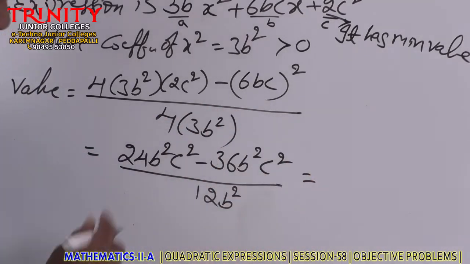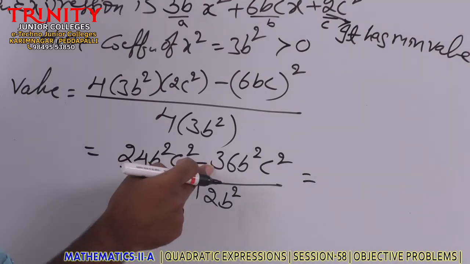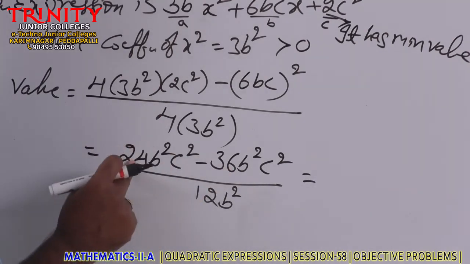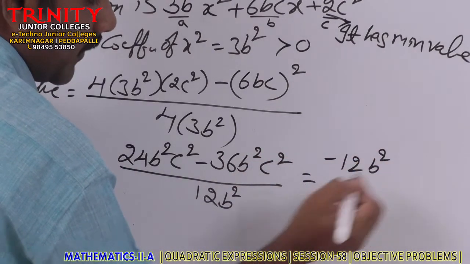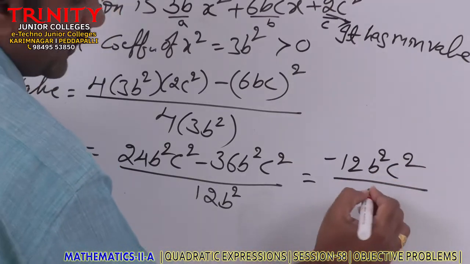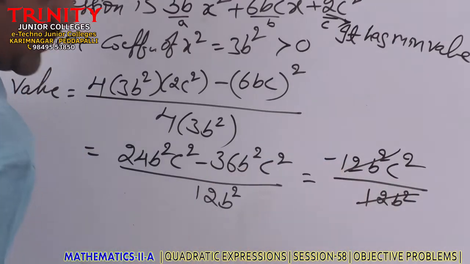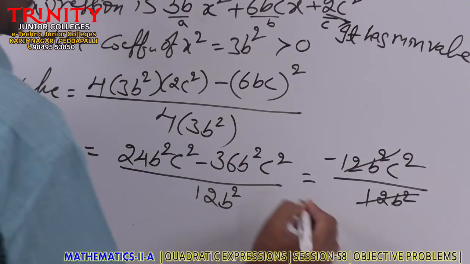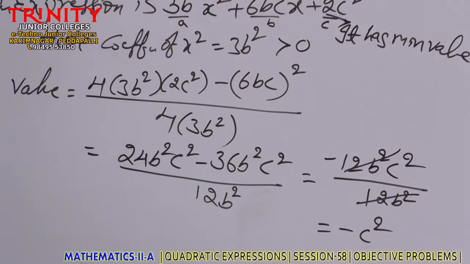Now what will we get as its value? 24 minus 36 is minus 12. Minus 12 b square c square divided by 12 b square. The 12 b square cancel. This is minus c square.